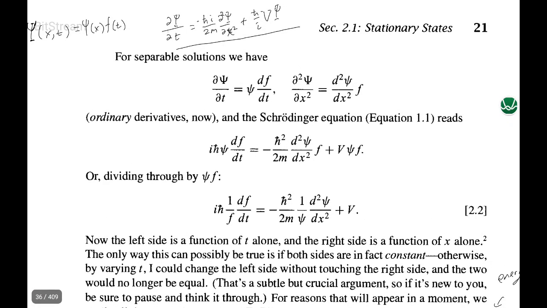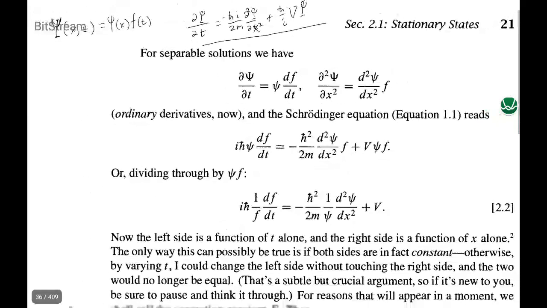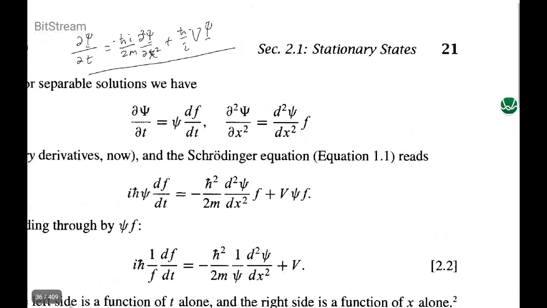You'll notice that the Schrödinger equation depends on the time derivative of a wave function. So what this symbol here, del t psi, means is we want the slope of psi as a function of t.